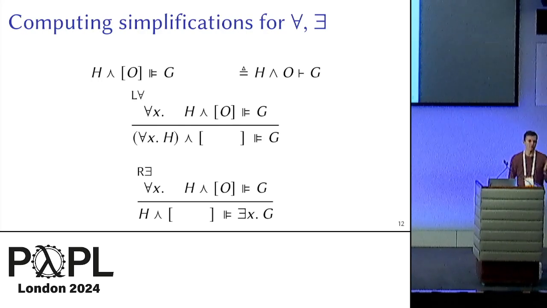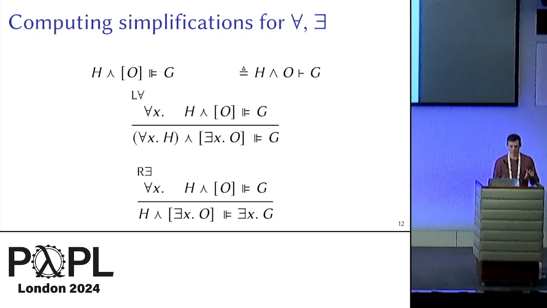Now O may mention this variable x. Note that G does not mention x, since it's bound in H. Okay, so if this is the case, then it's enough to find some x for which O holds. If we get that, then we can plug this same x into our hypothesis for all x H, and then our premise indeed says, okay, now we can get our goal.